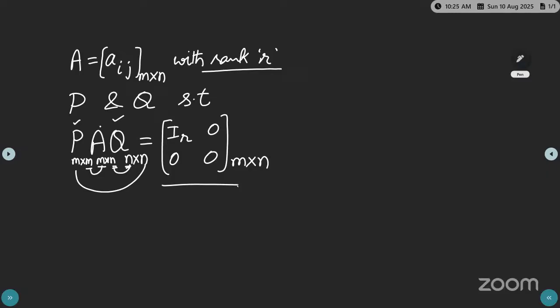It may also be asked as a 2 marks question. P and Q are two square matrices such that PAQ equals [I_r 0; 0 0]. You may be asked the order of P, or the order of Q.